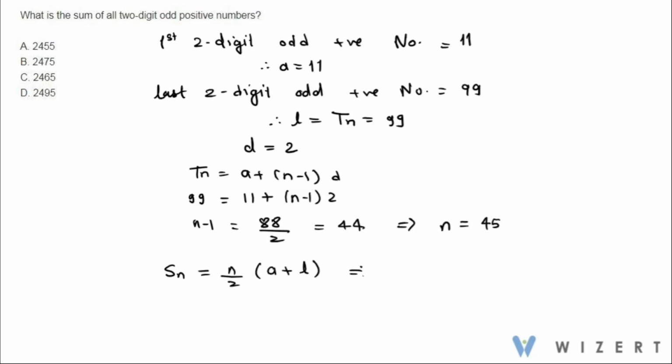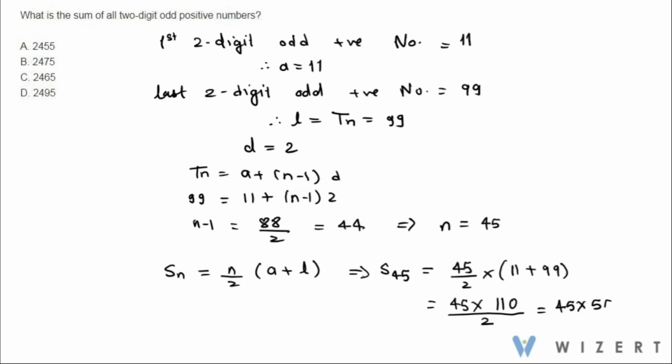So the sum of 45 numbers is equal to 45 by 2 multiplied by 11 plus 99. So that is equal to 45 multiplied by 110 divided by 2, which is equal to 45 multiplied by 55.